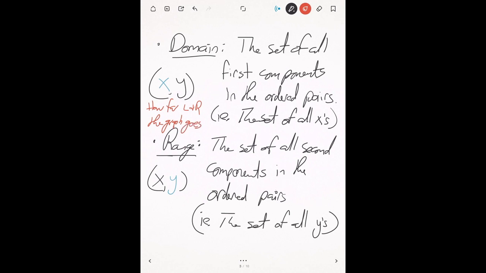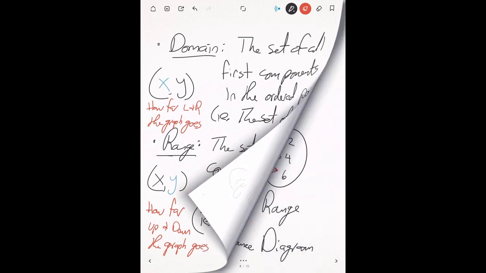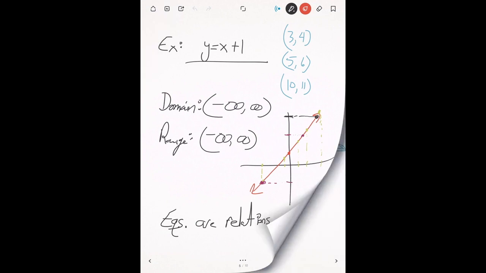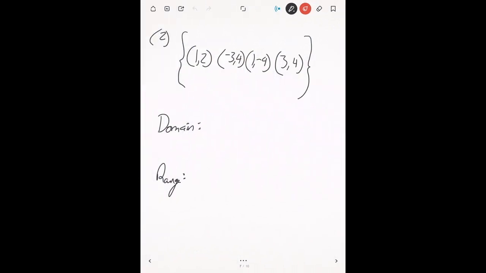And the range is how far up and down the graph goes. That's really what we're seeing here with domain and range. This is a good visual way of representing the two.